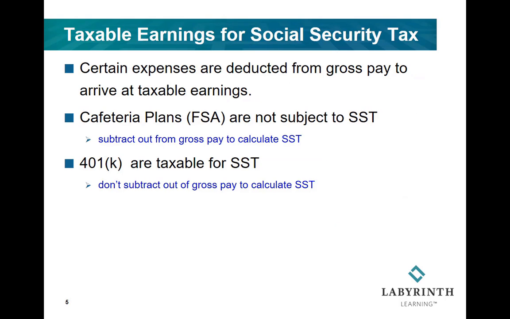Taxable earnings for Social Security tax. To calculate the Social Security tax, we must know the gross pay that's taxable for Social Security. In other words, the gross pay that is subject to the Social Security tax. Cafeteria plans are not subject to Social Security tax, so any amounts contributed to the cafeteria plans are excluded or taken out of taxable pay for the Social Security. 401k contributions are subject to Social Security tax, so we do not exclude the amount that is contributed to the 401k retirement plan.